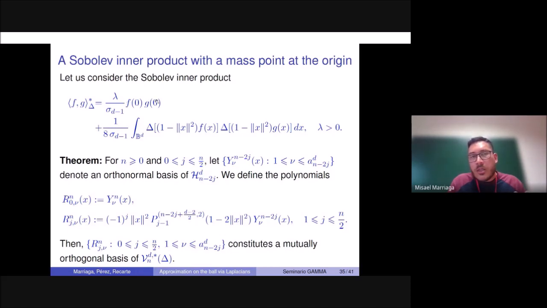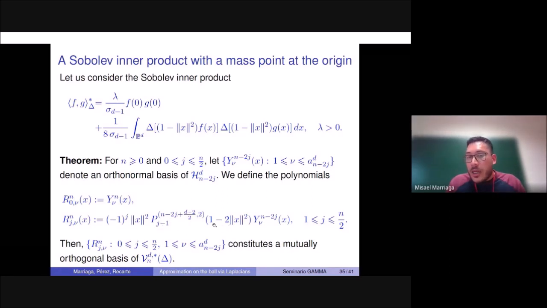It kills this part. And now instead of having the first parameter fixed, in this case, it's the second parameter that's being fixed. And then the first one depends on the total degree and on the degree of the Jacobi polynomial.